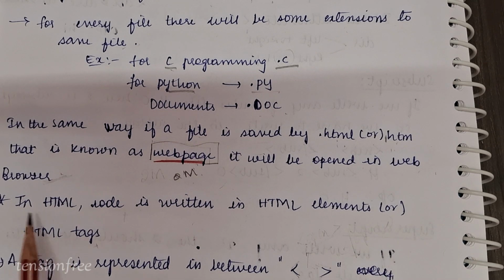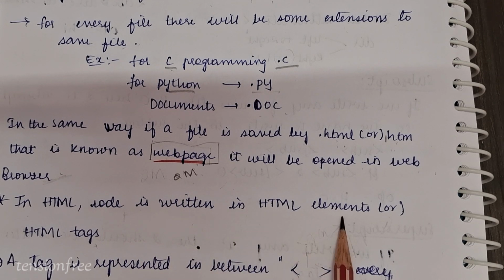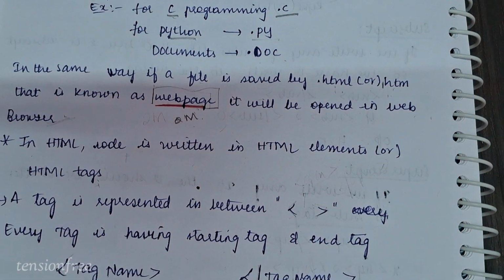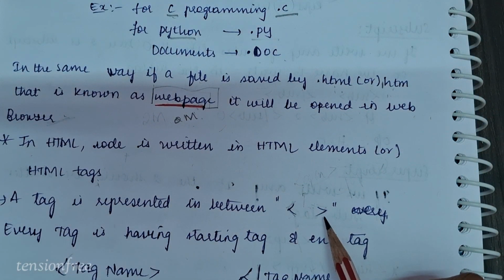You should write that HTML code is written in HTML elements and HTML tags. As I have said before, HTML will be written using some elements and HTML tags like tables, lists, links, etc. How will we represent a tag? It will be represented between these symbols.